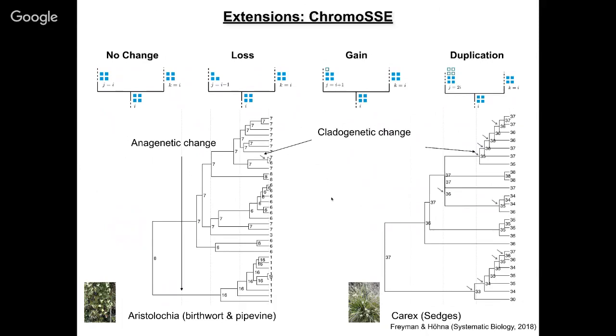And we applied that to quite a set of different phylogenies, and for the Australochia, we see that most of these changes happen anagenetically. Only the one little change where we pointed the arrow is a cladogenetic change. But if we look at Carex, we saw that most of these changes were happening cladogenetically, so there were quite a lot of cladogenetic changes compared to the anagenetic changes.